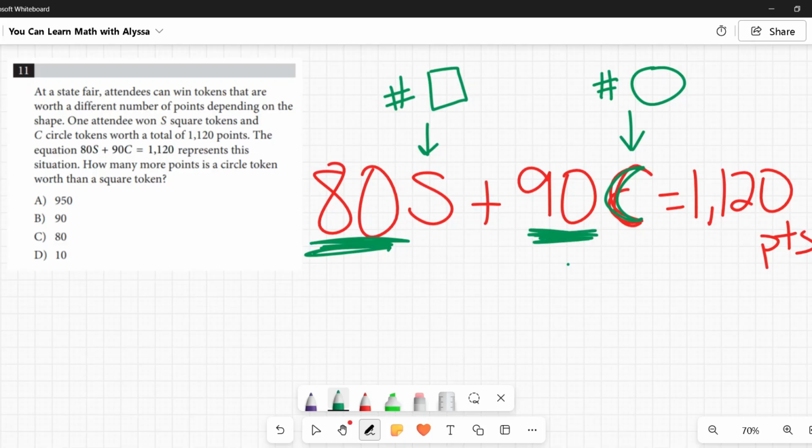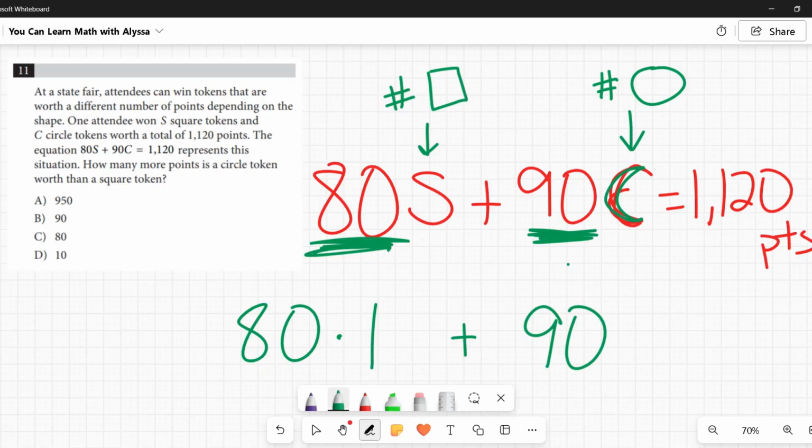If you are having difficulties sometimes with these kinds of problems, trying to visualize what everything represents in the equation, sometimes I think like putting real numbers in. So let's say I had one S token and I had one C token. That would give me 80 times 1 plus 90 times 1, or 170.